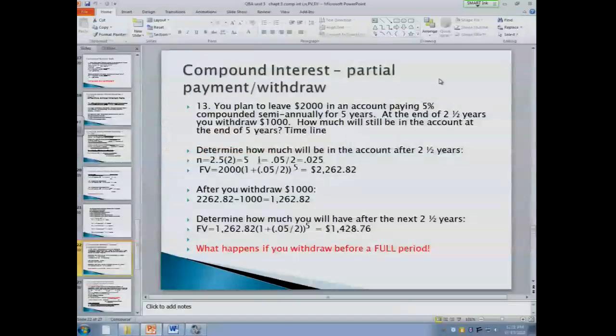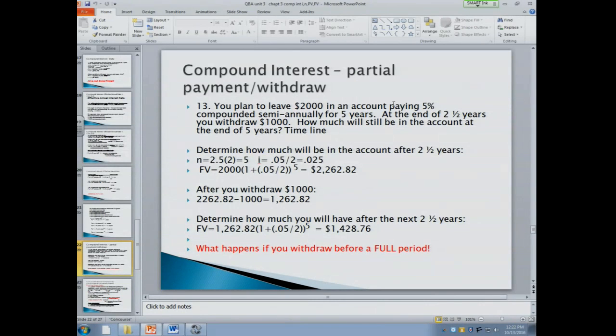Well, on question 13, we have partial payments. Oh, I'm sorry. We're first going to discuss partial payments, meaning in the middle of a period in a term, we are going to withdraw money.